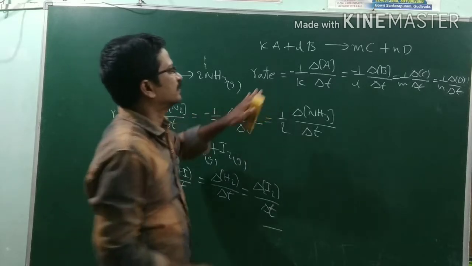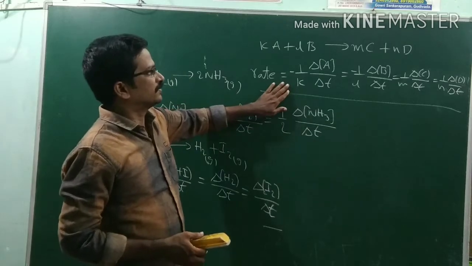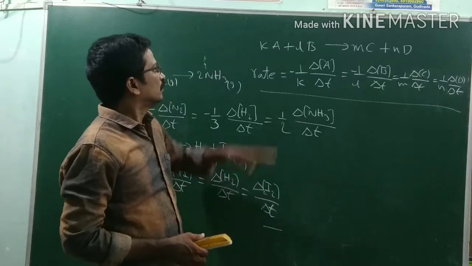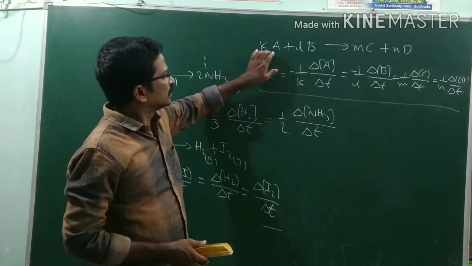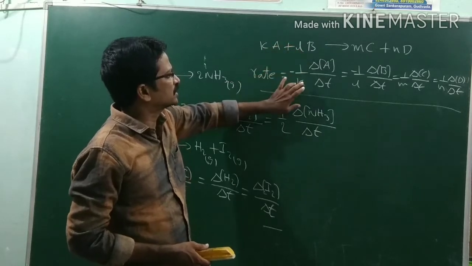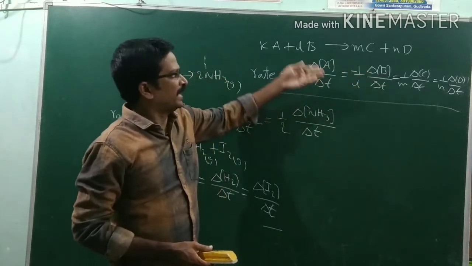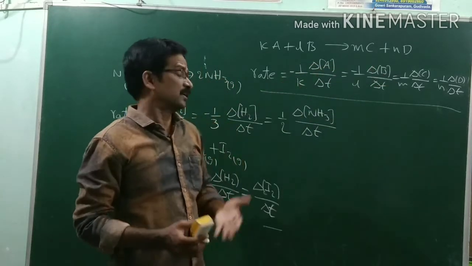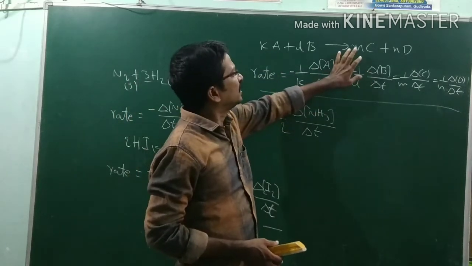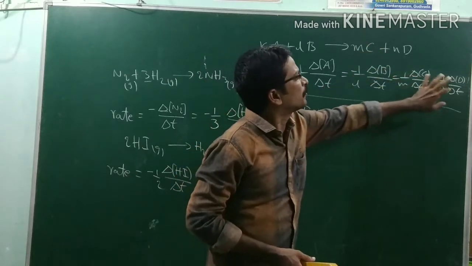This is the general equation for any chemical reaction. The stoichiometric coefficients are always written as 1 by the coefficient, with a negative sign for reactants and a positive sign for products.